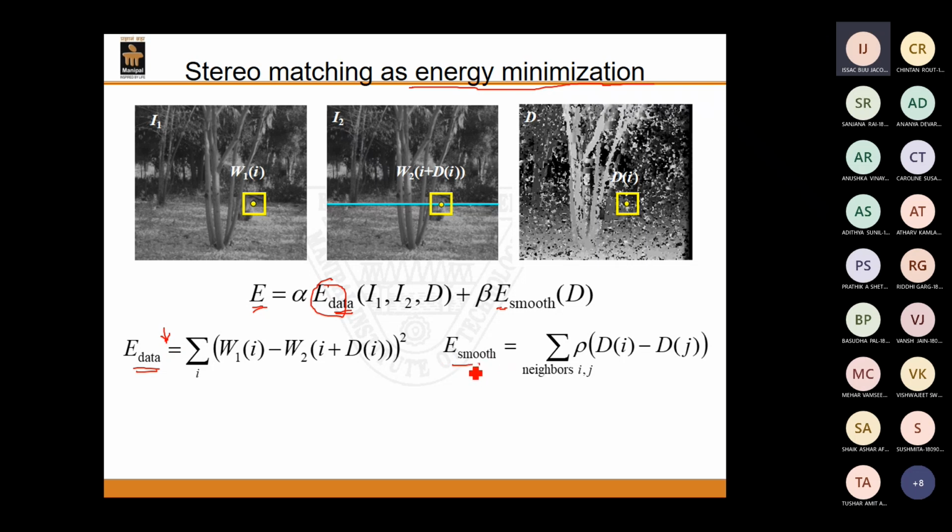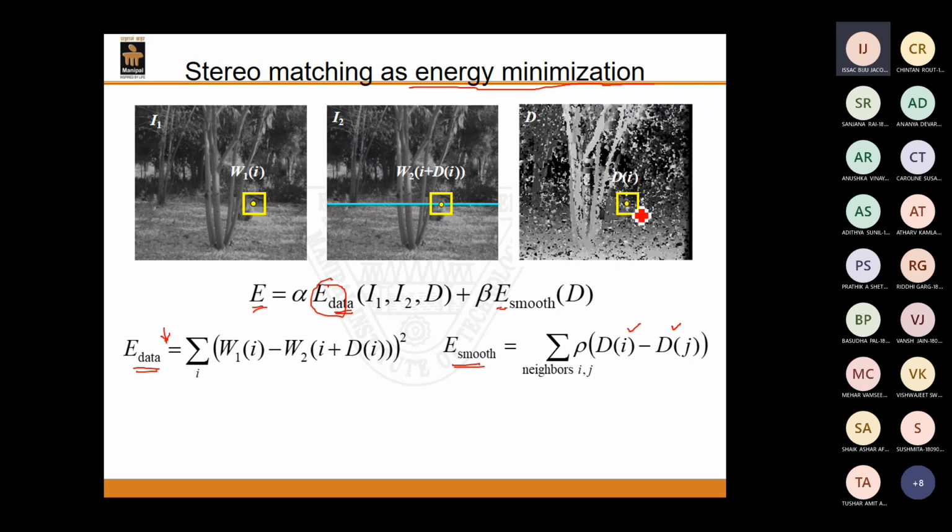Another term that we have in the error function is the E smooth, or the error with respect to the disparity map. Here we have a function which is dependent on the difference between the disparity of the particular point that we are considering and its neighborhood.